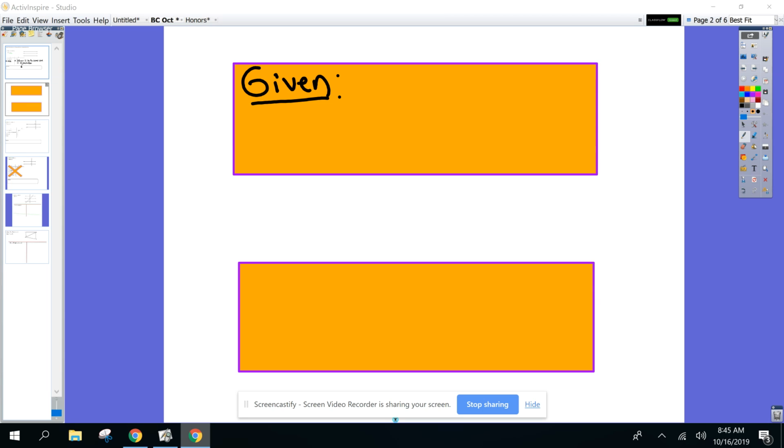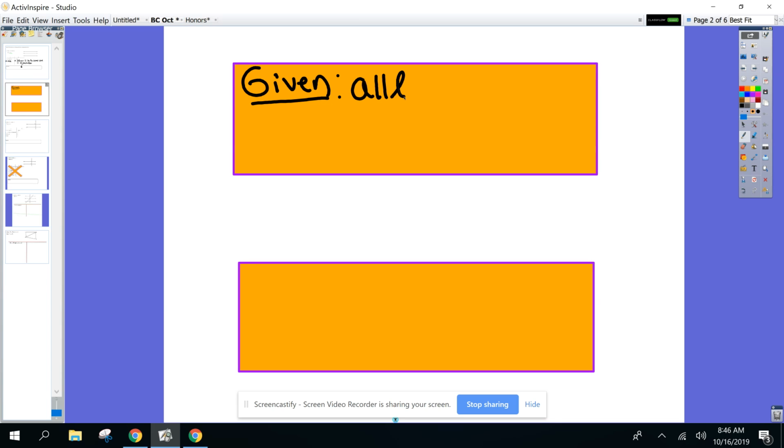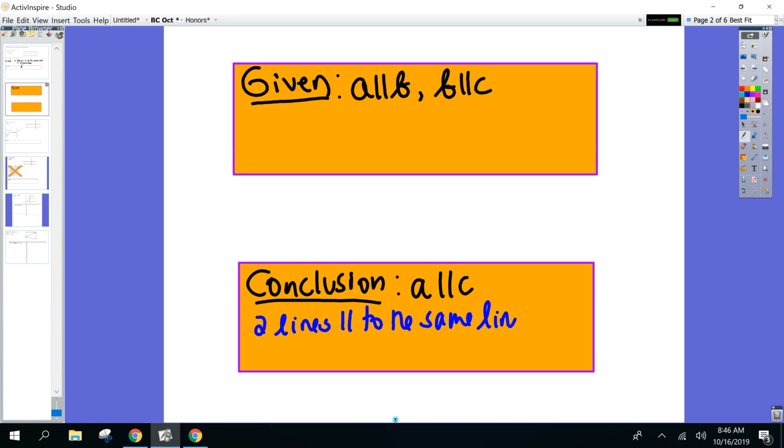A parallel to B, B parallel to C. And then on the flip side, you'll write the conclusion that we got, which was A parallel to C, with the theorem. 2 lines parallel to the same line are parallel to each other.